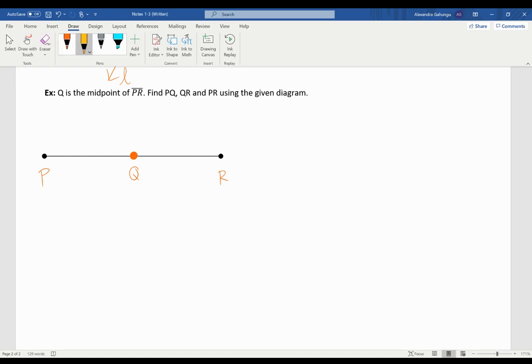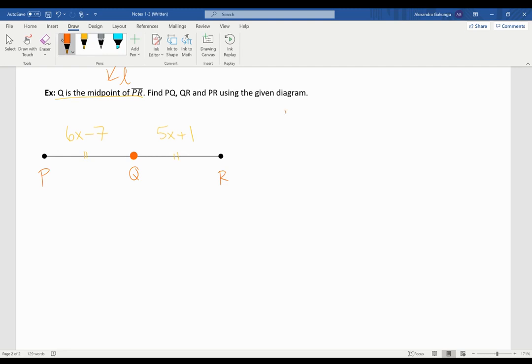One thing I need to note is what the actual question would include is that PQ is 6x minus 7, and QR is 5x plus 1. That would be given to you. Since they said it was the midpoint, I know that I have two congruent pieces here.